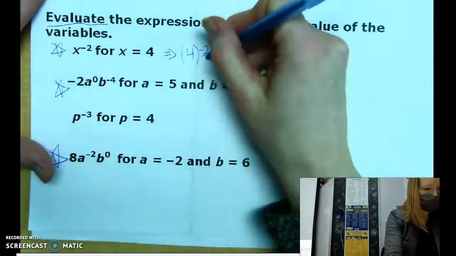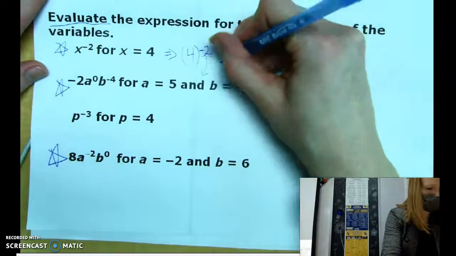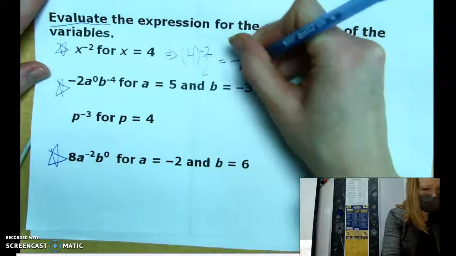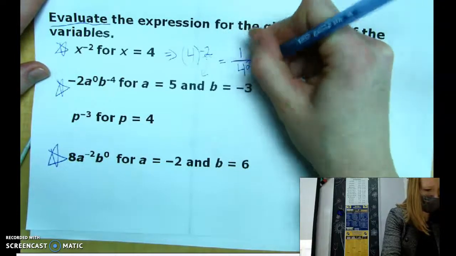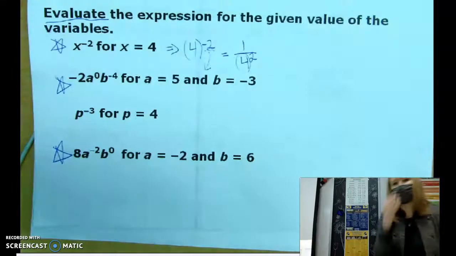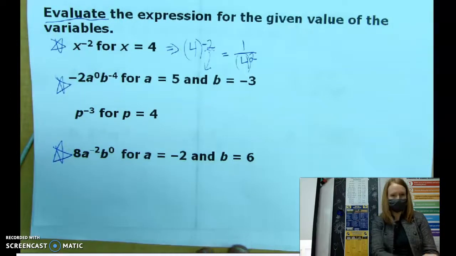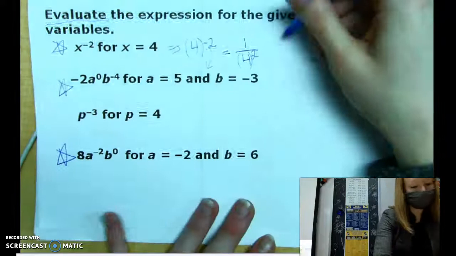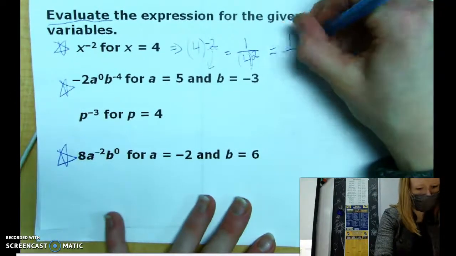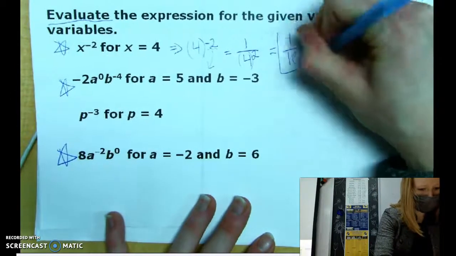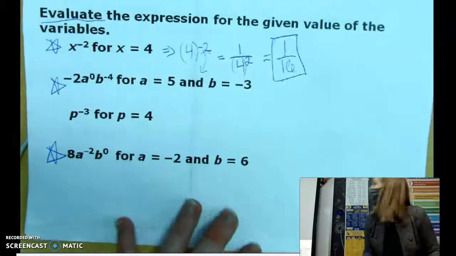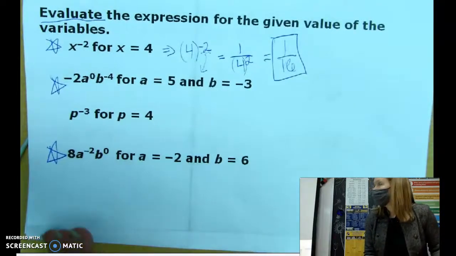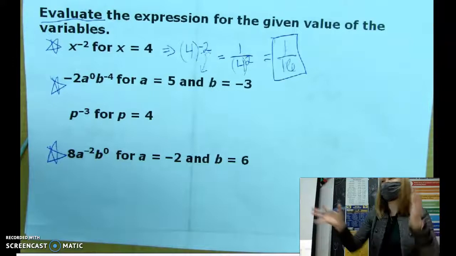That 4's got a negative attitude, so we got to make it change scenery a little bit. So I would get 4 to the positive second power on the bottom in that basement. And 4 squared gives me 16. Does that make sense? Kind of?